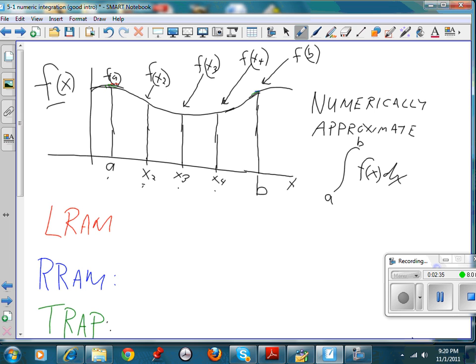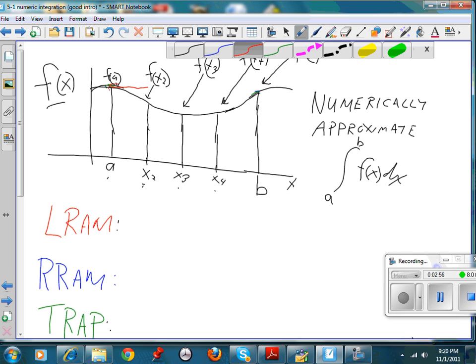Now let's talk about the first way to do it. Notice these aren't perfect rectangles. We have to approximate the rectangle somehow, and the key is, what are you going to use for the height? If we use the left-handed rectangular approximation, as you might guess, we're going to use the left-handed height.